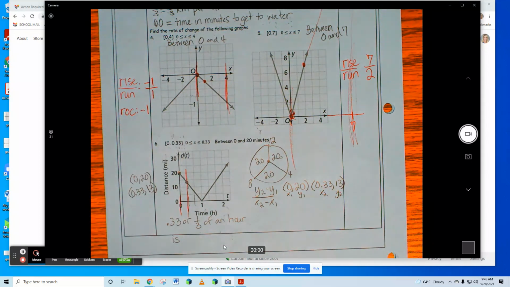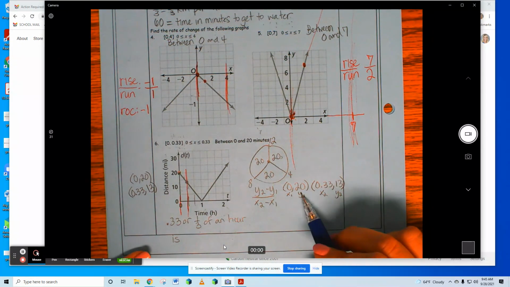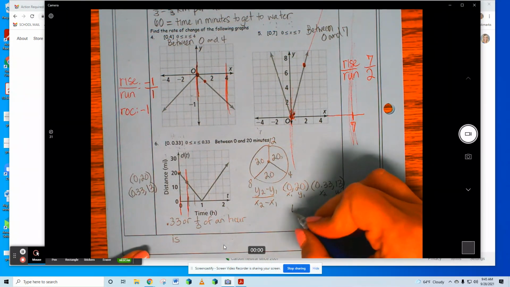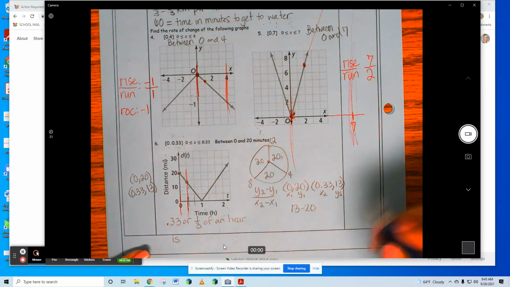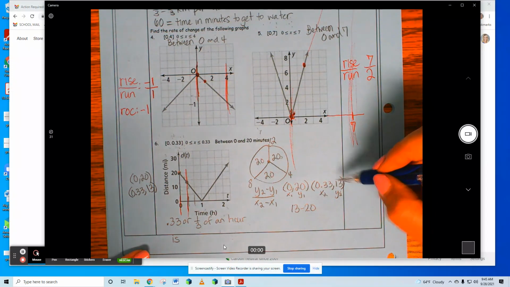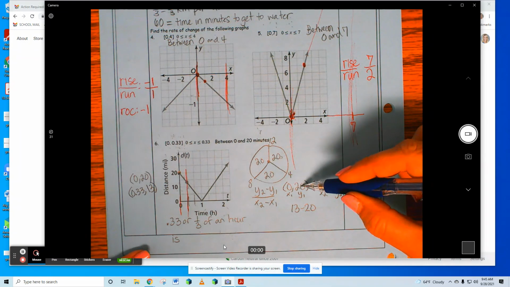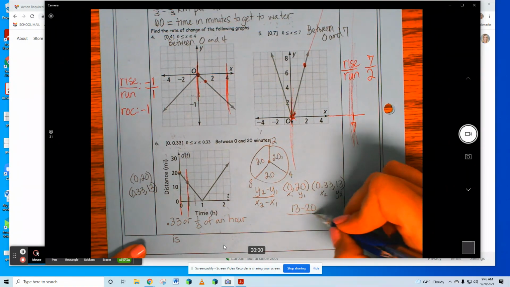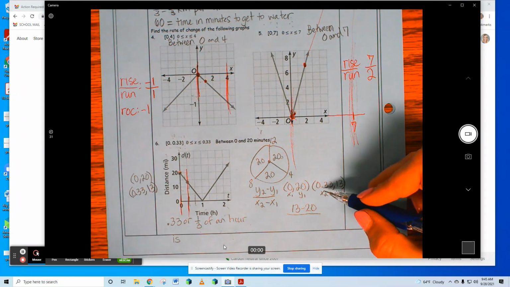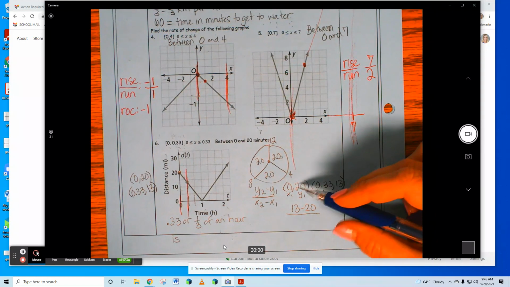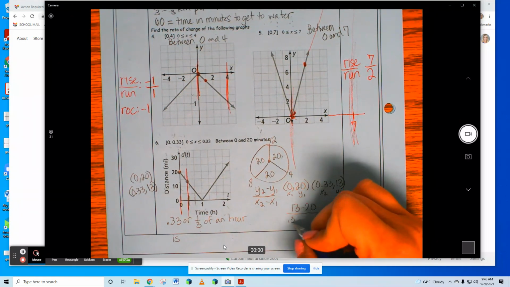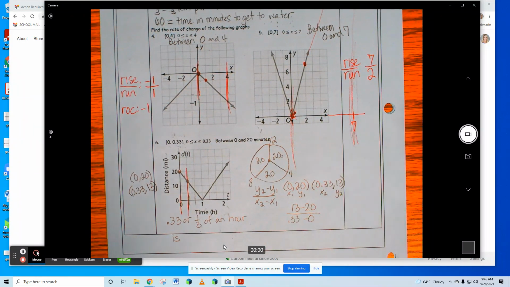Ready? y2 minus y1, 13 minus 20. x2 minus x1, 0.33 minus 0.